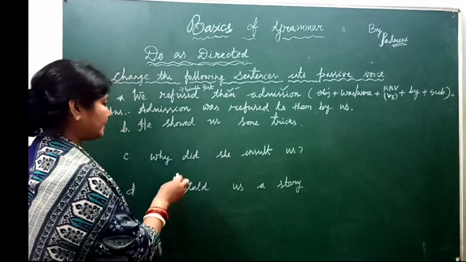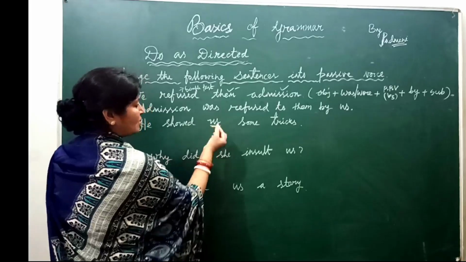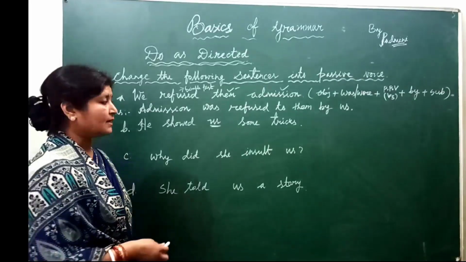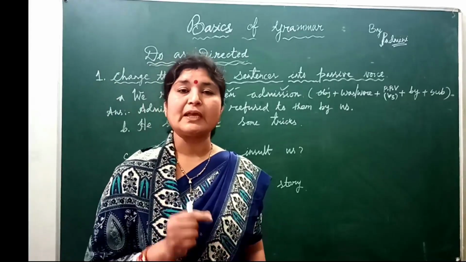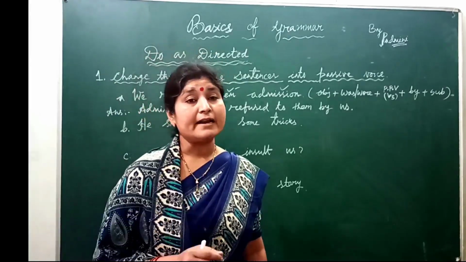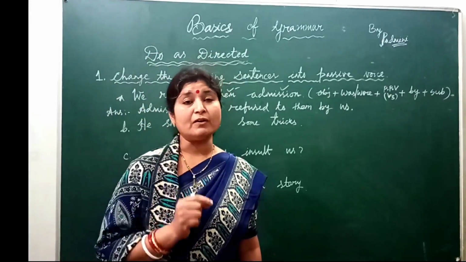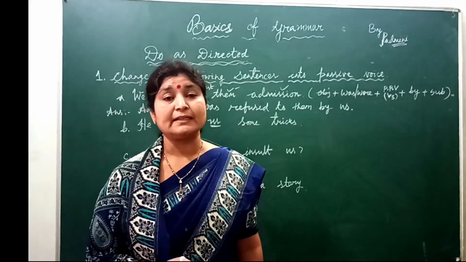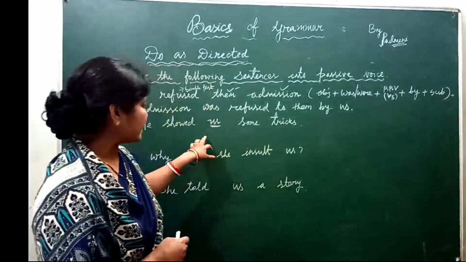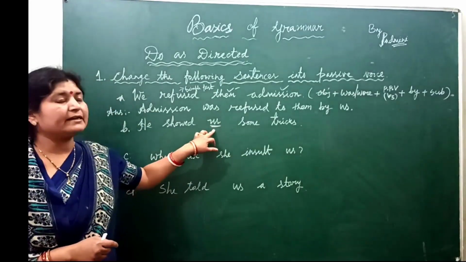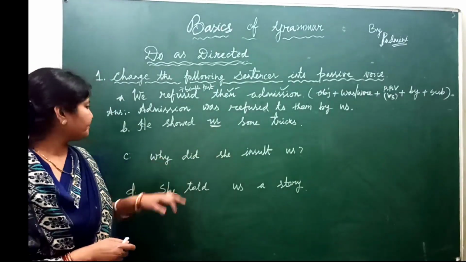So here we will take as this object we will take us. As we know, when we talk about things, they are known as the direct object, and when we talk about the persons, then they are known as the indirect object. So in this second sentence, we will take the indirect object, that is us.